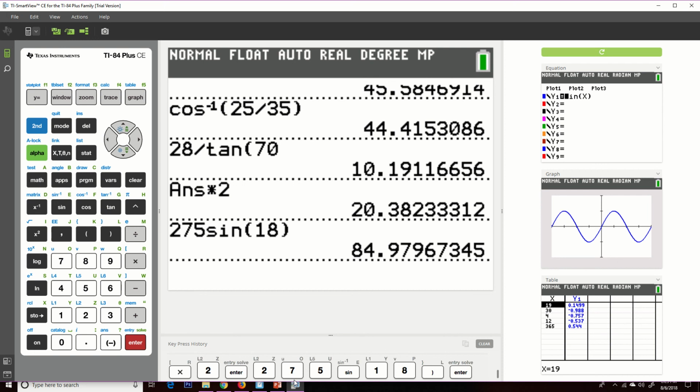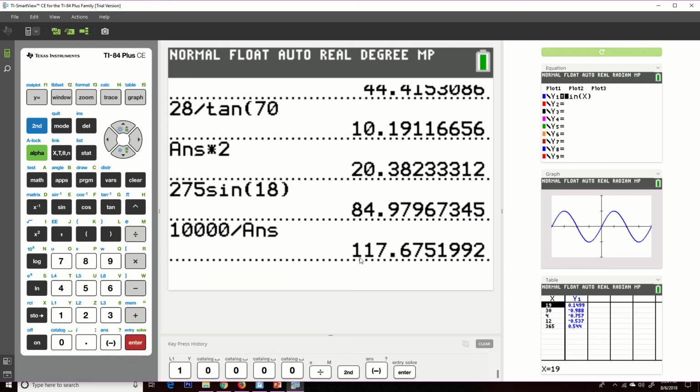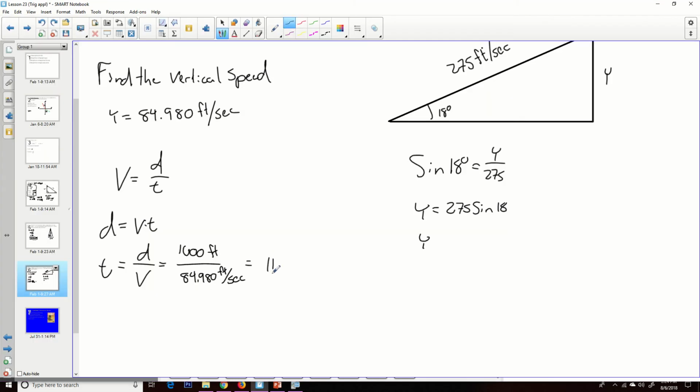I'm going to go to my graphic calculator: 1,000 divided by the vertical speed. Hit enter. It'll take 117.675 seconds. And we are done there.